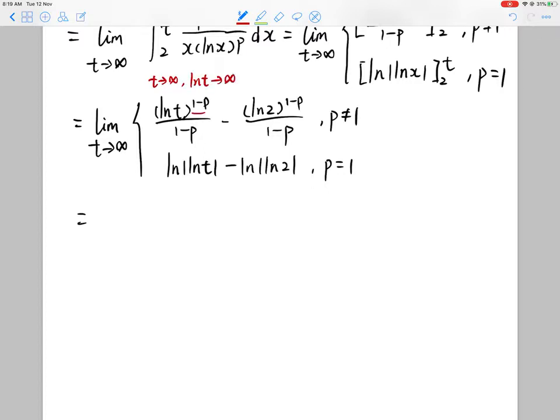So if this thing is positive, then it is approaching positive infinity, and this is also positive, so the whole thing is approaching positive infinity. So it is positive infinity if your power is greater than 0, which means p is smaller than 1.